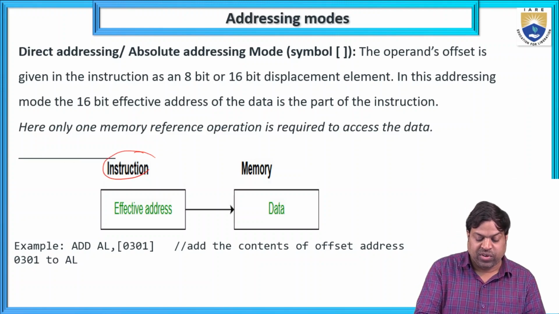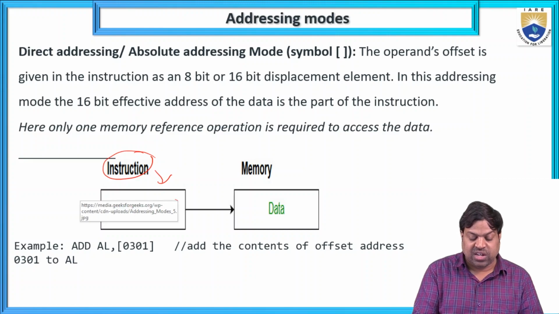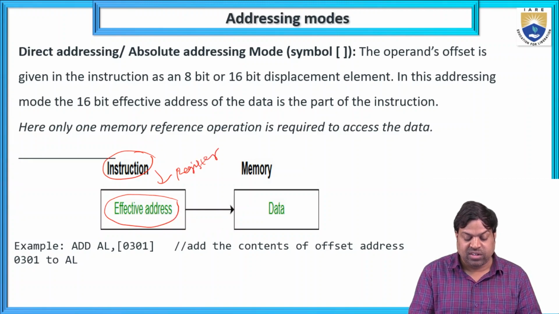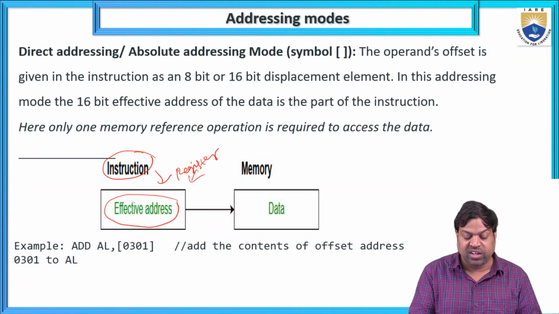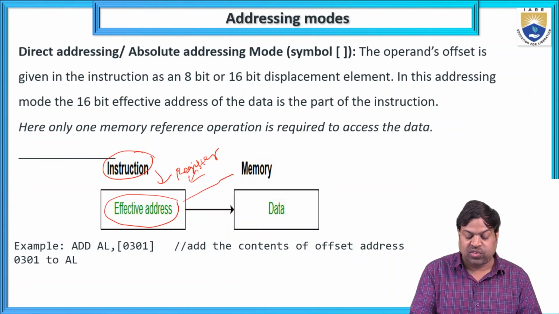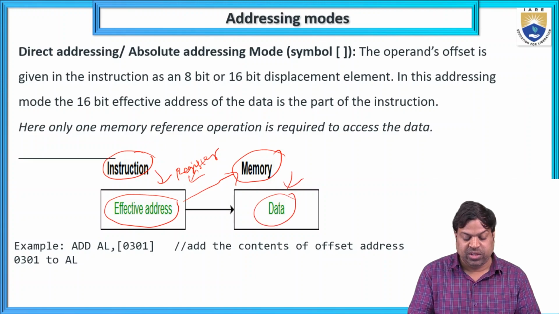The instruction is in the form of registers actually, but in place of registers I am taking the effective address, not the register. This effective address is defining the address of the memory, and in that memory the data will be there.